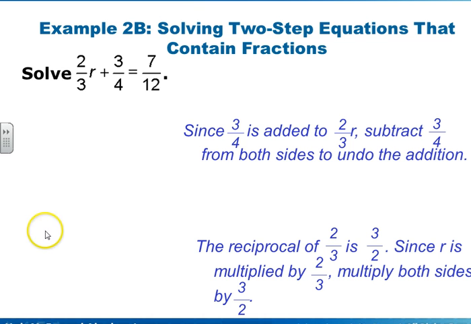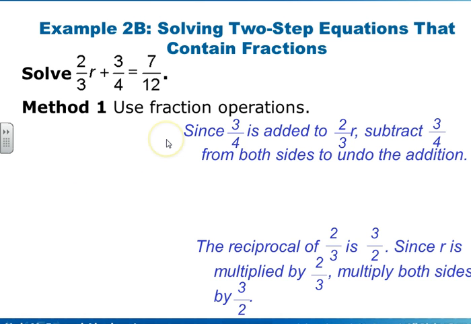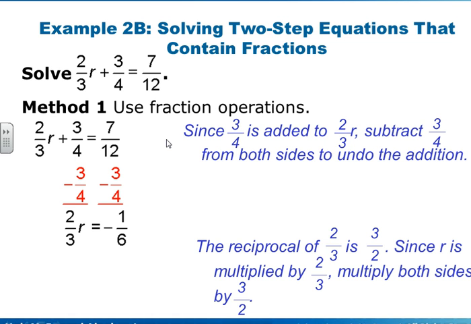Now for this one, I'm going to solve it by getting rid of the fractions. Or here we can actually use the fraction operations. We subtract 3/4, and then we multiply by the reciprocal.